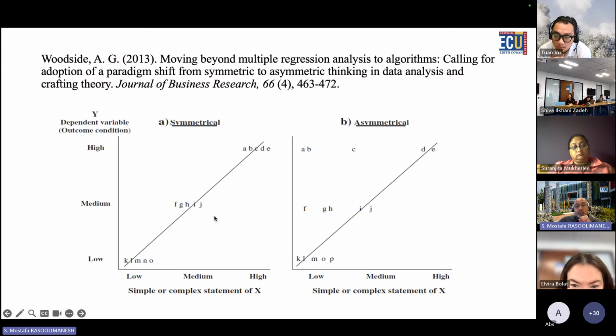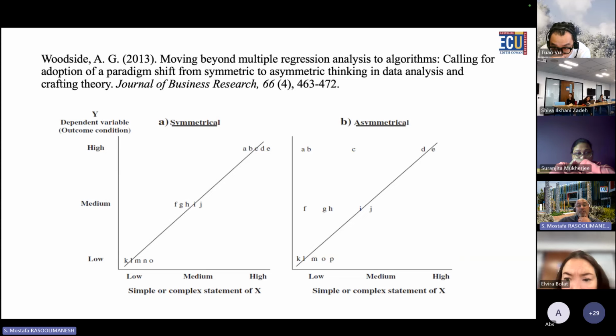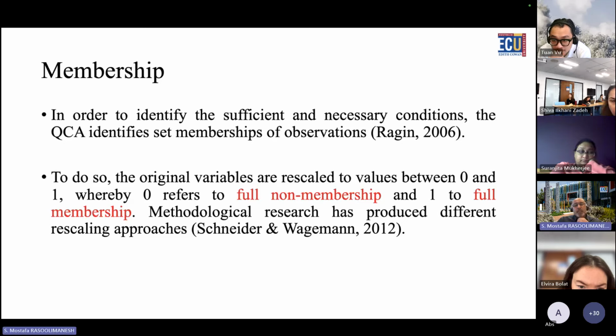But using an asymmetrical approach, we can identify different and various combinations of these three factors that can create the outcome. It is not only one possible sufficient situation, there are multiple sufficient combinations of factors that can create the outcome.